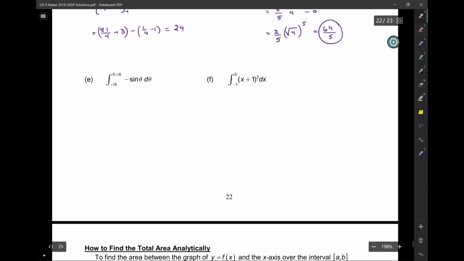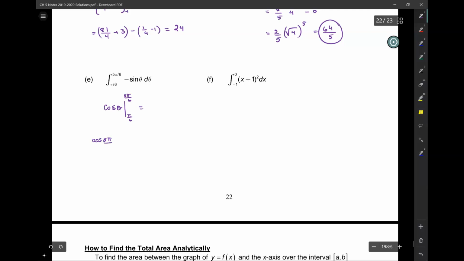Here, pi over 6 to 5 pi over 6 of negative sine. The antiderivative here is cosine of theta, right? Because the derivative gives you negative sine, so this has to be positive cosine. And we're going to go from pi over 6 to 5 pi over 6.